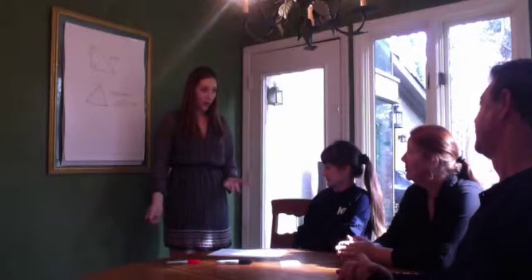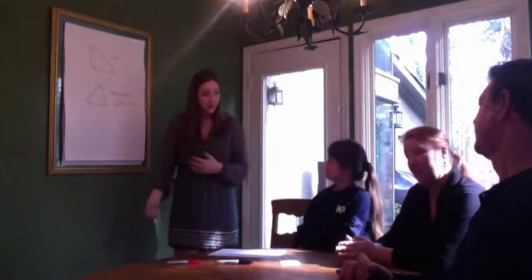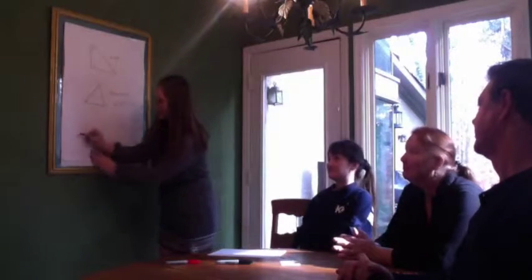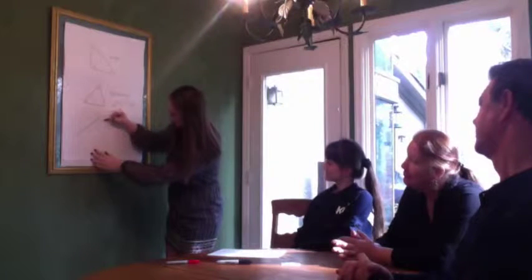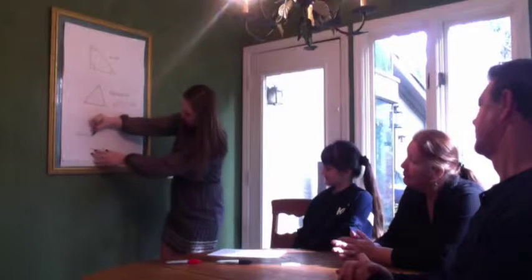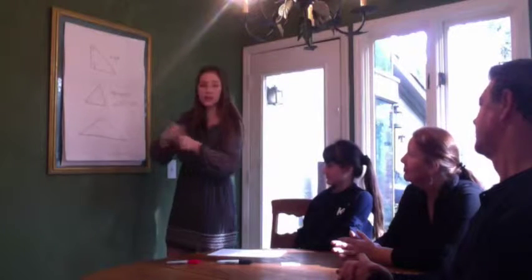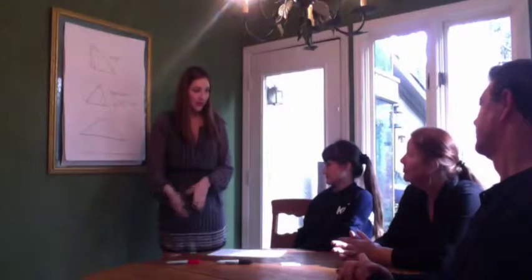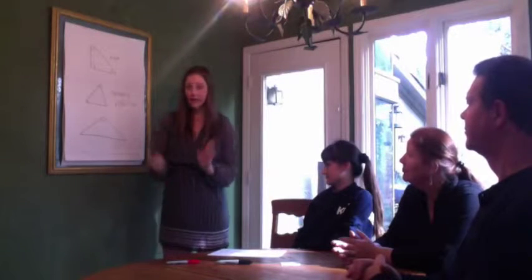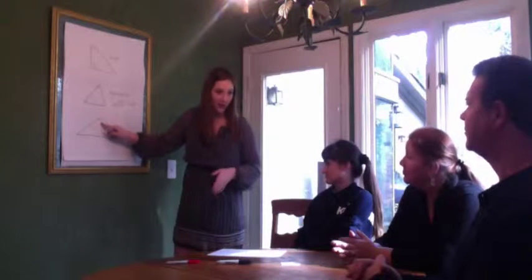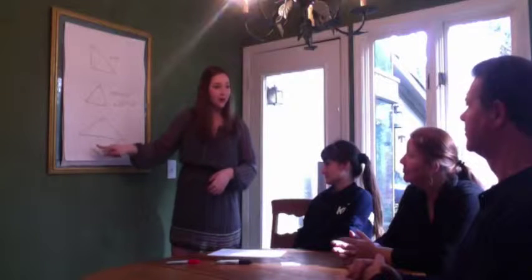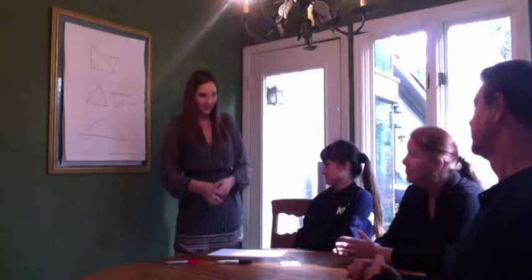So the next triangle we'll talk about is called the obtuse triangle. And the obtuse triangle has one angle that, because we know the definition of obtuse to be greater than 90 degrees, is greater than 90 degrees, and 2 angles that are less than 90 degrees.